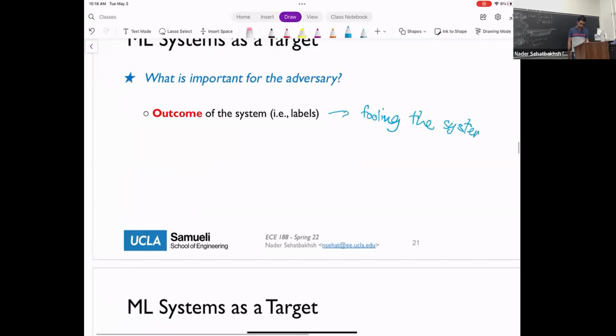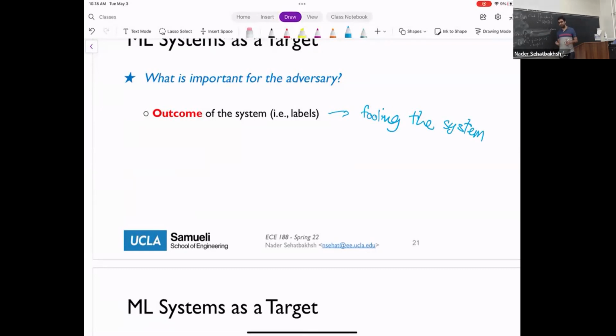The goal here is forcing the system to make a wrong decision, because we said that we're looking at a classification problem. And the classification problem at the end of the day is outputting some label, right? All the attacker wants to do is force that system to make a wrong classification decision, right?